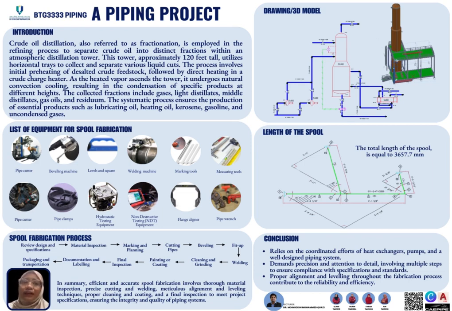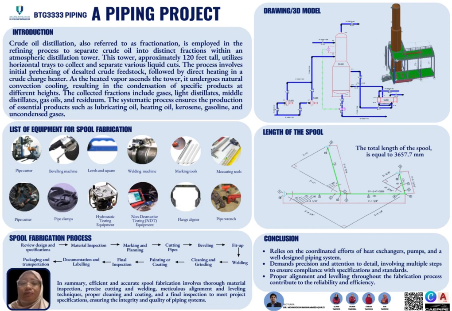Today we're going to dive into piping spool fabrication. This process involves several key steps. Firstly, review drawings and specifications. Our journey begins with a careful review of the piping drawings and specifications. This helps us understand the requirements, dimensions, materials, and welding procedures needed for the job.